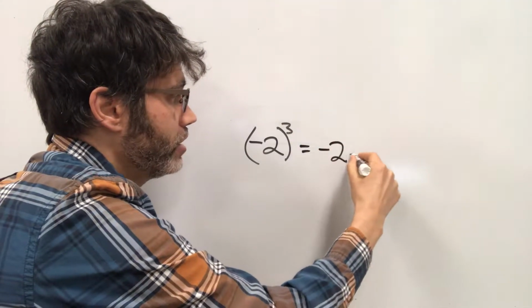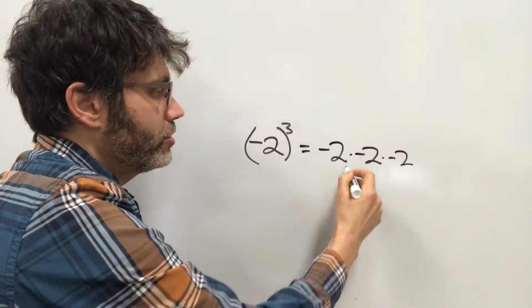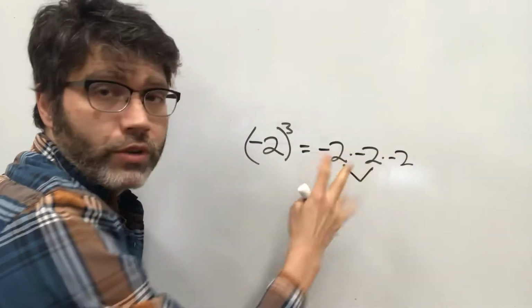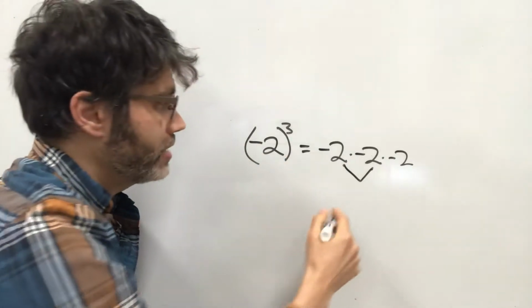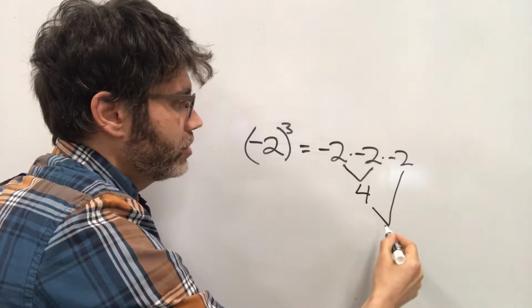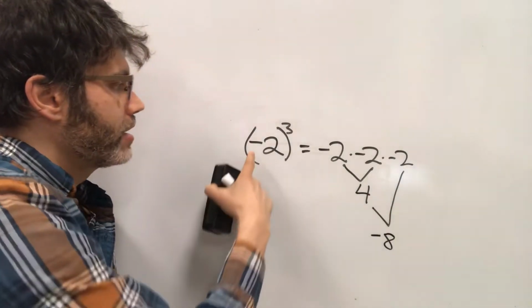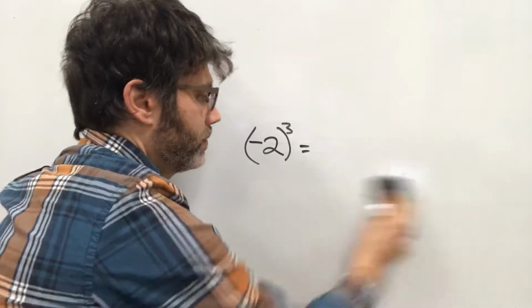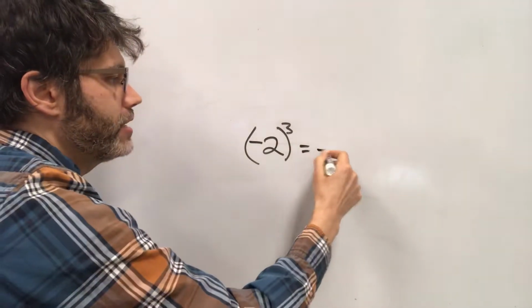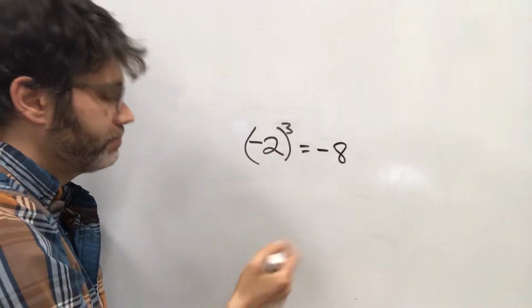So it's negative 2 times negative 2 times negative 2. So you do negative 2 times negative 2. Two negatives, when being multiplied, will give us a positive. So that's positive 4. And then you multiply that times negative 2. Negative 2 times 4 is negative 8. So it turns out that negative 2 cubed is going to be negative 8, as long as the negative 2 is all in that parentheses.